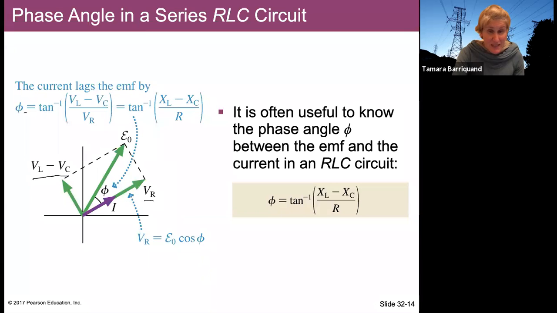Then just factoring out our current from those expressions, we get that tan to the minus 1 of the inductive reactance minus the capacitive reactance divided by the resistance will give us the phase angle between the EMF and the current in the RLC circuit.